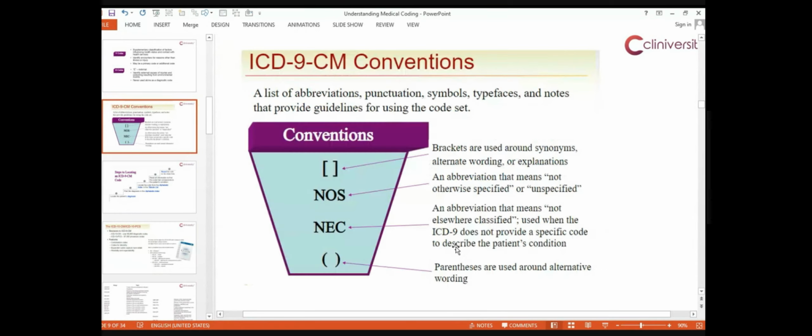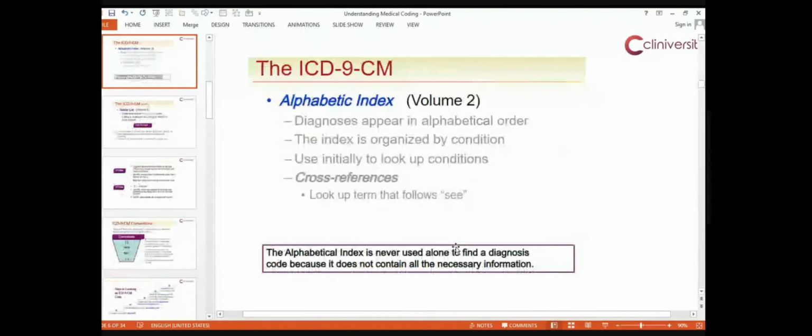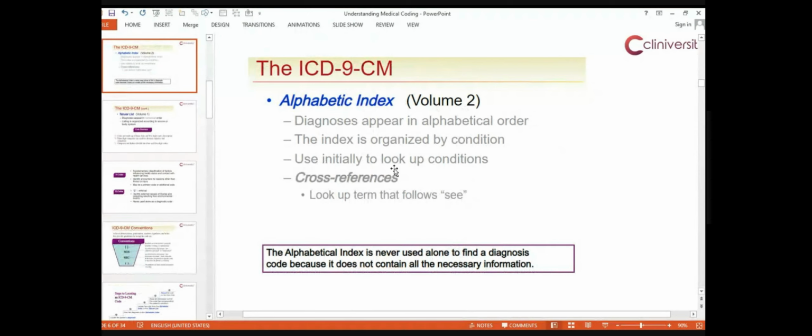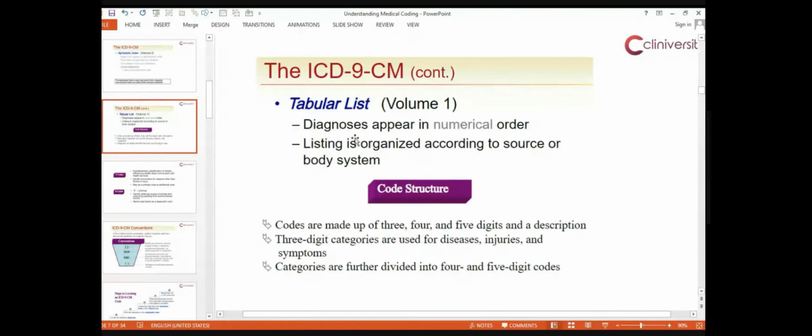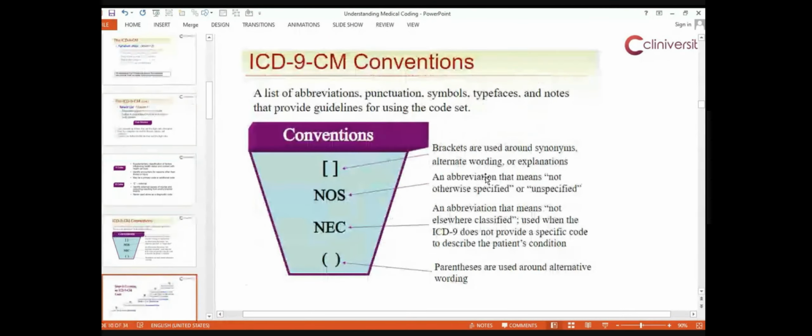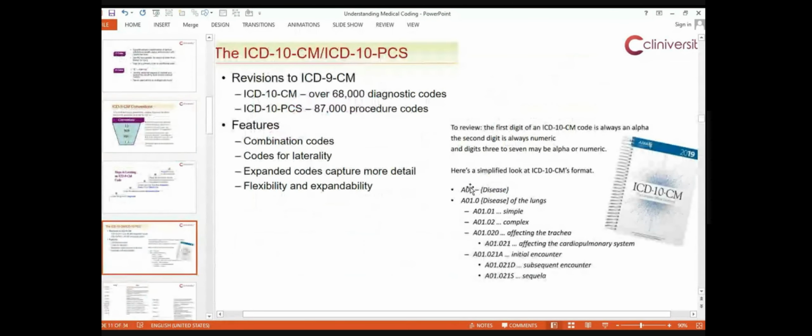If you remember, I discussed the alphabetic index and then the tabular list, right? This is what it is showing here. This is as per the alphabetic index. In that, you can find the tabular list in which exact codes are given.